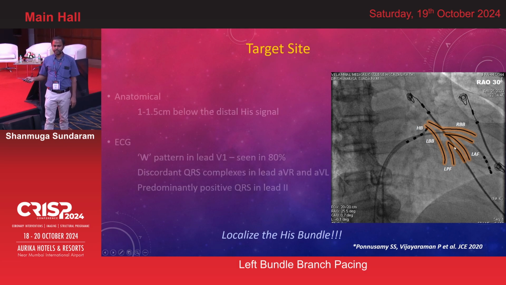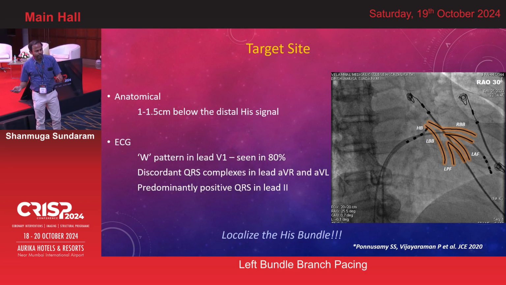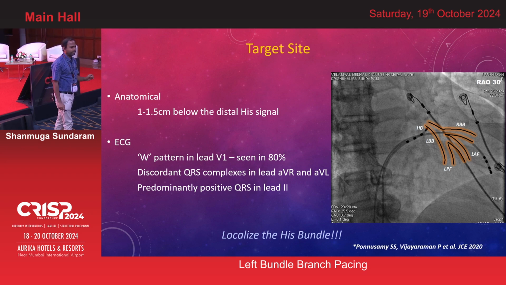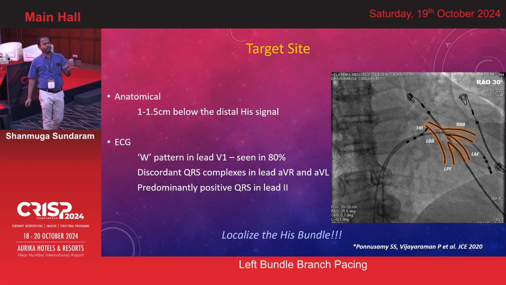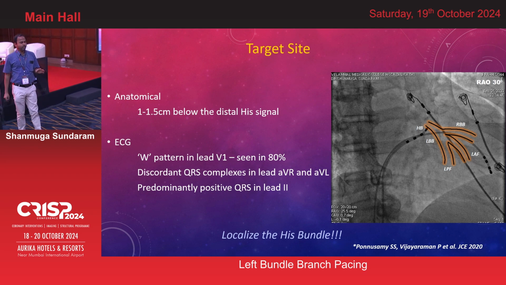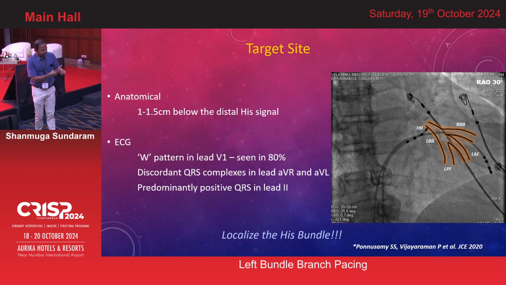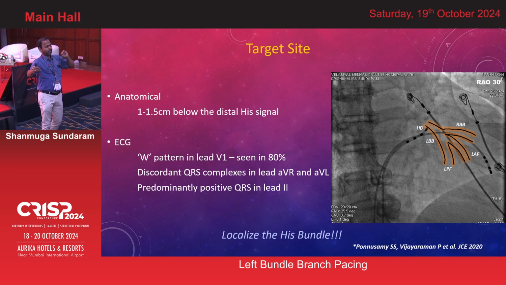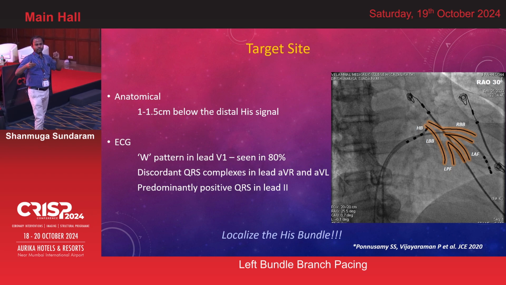Once you identify the target spot, you confirm it by doing pace mapping. So you are still on the right side of the septum. Your pacing lead has to be just exposed. The pacing lead has two electrodes: the distal-most one, the cathode, and the proximal one, the anode.